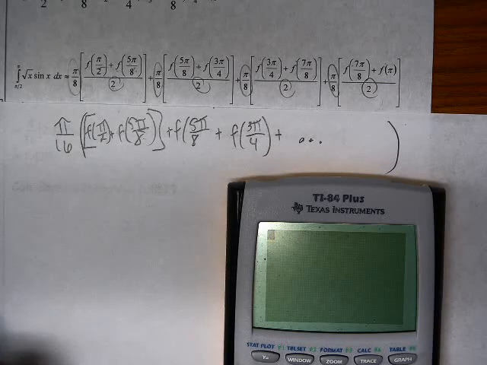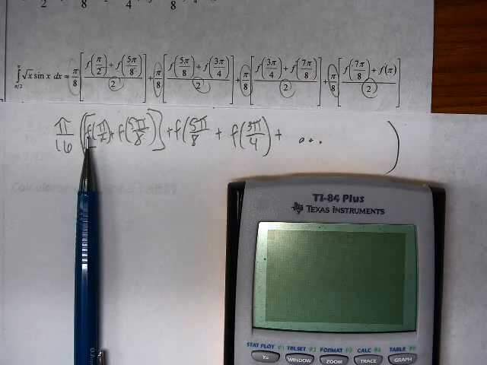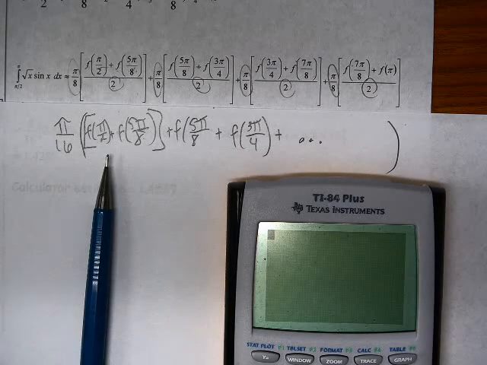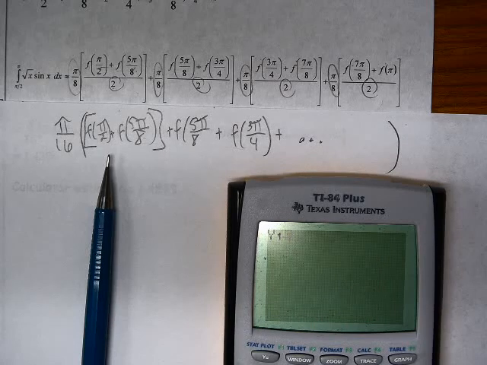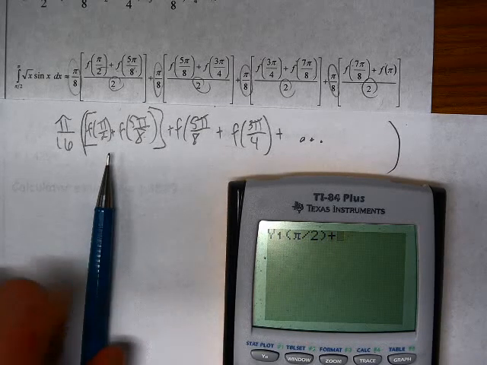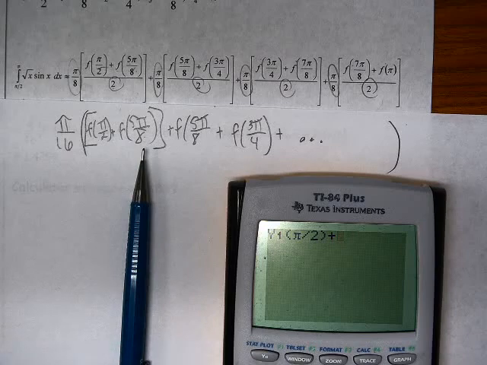And now when I try to evaluate these functions, I can use the calculator and do function notation. So I want the calculator to calculate f of pi over 2 for me. To do that, I can do alpha f4 y1 of pi over 2, plus f of 5 pi over 8.